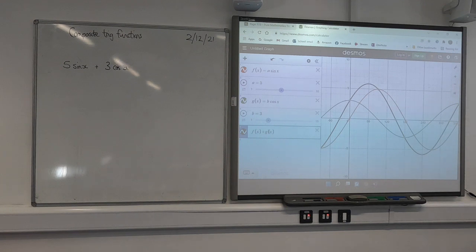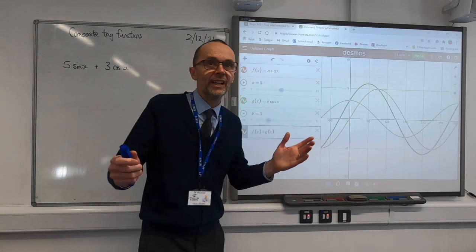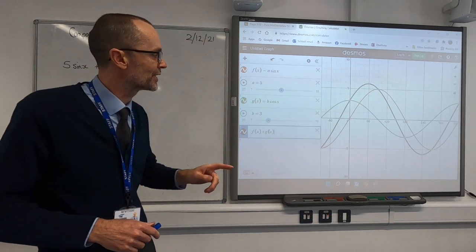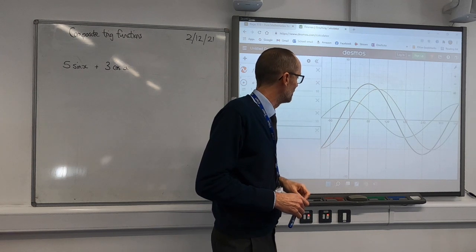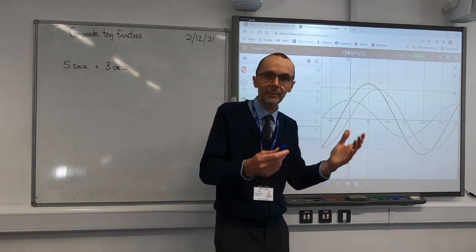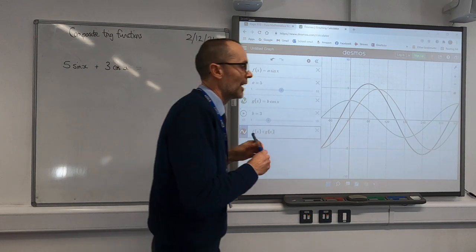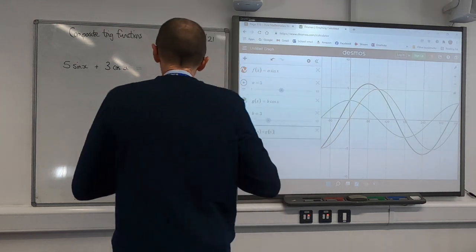It's not sine x, because it doesn't go from 1 to -1, and it doesn't start at 0. It's being shifted backwards something. But it's the same shape as the sine curve, so what I've got here is a sine curve that's been shifted backwards a little bit.